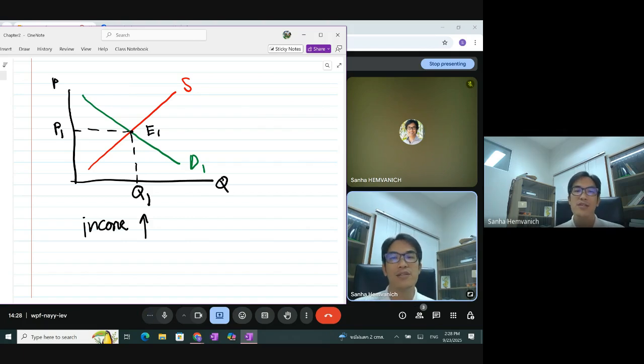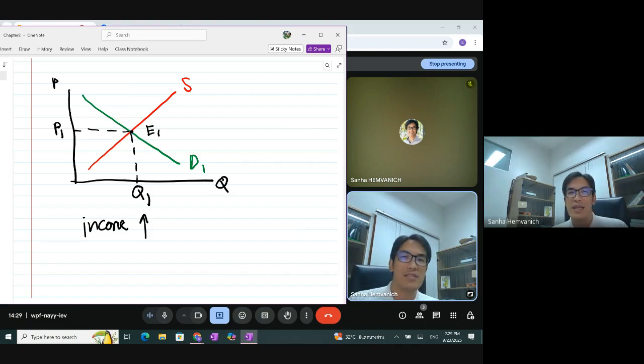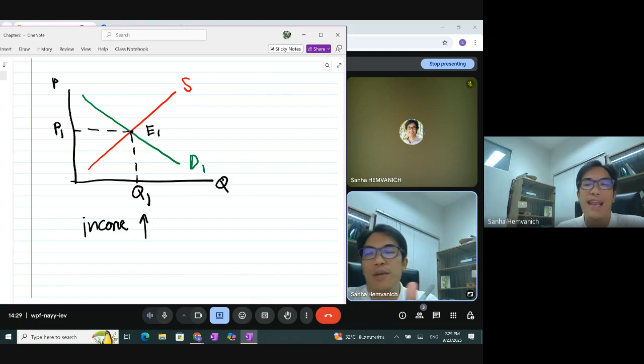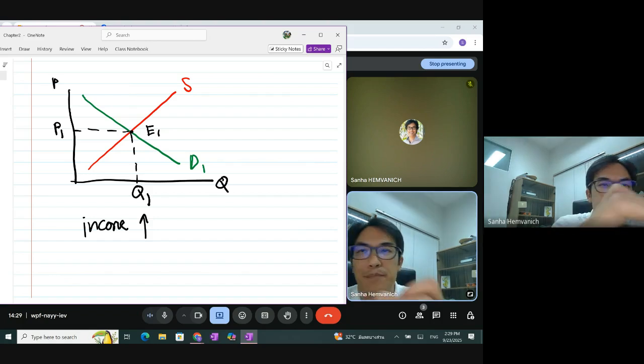If the good is a normal good, you have to look for the definition of normal good and inferior good. For normal good, the income increase means that people would like more of that good. So at the same price, people want more of them.